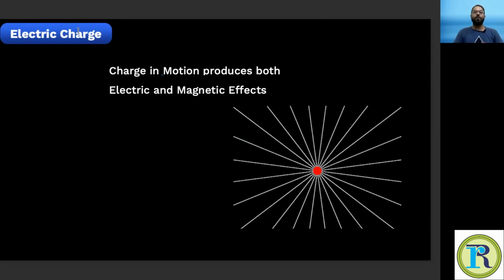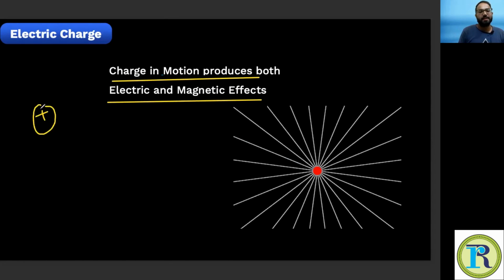Now, the next property of electric charge: charge in motion will produce electric and magnetic fields. When a charge is at rest, let's suppose it's a positive charge. Now there is a thumb rule: from now onwards, when you consider any electric charge, always consider a positive charge.